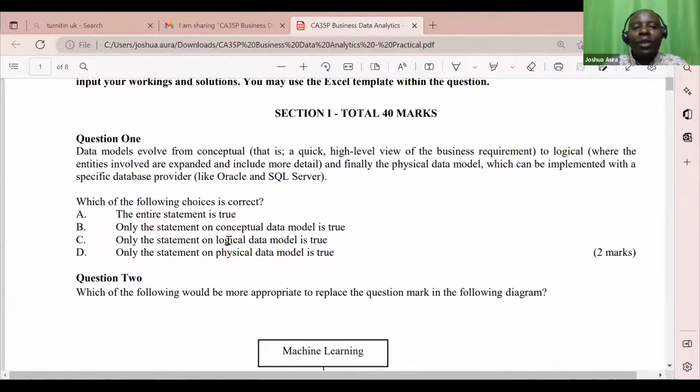C, only the statement on the logical data model is true, where the entities involved are now expanded and include more detail. Or is it D, only the statement on the physical data model is true? Which one would you have taken for me to be able to mark this?